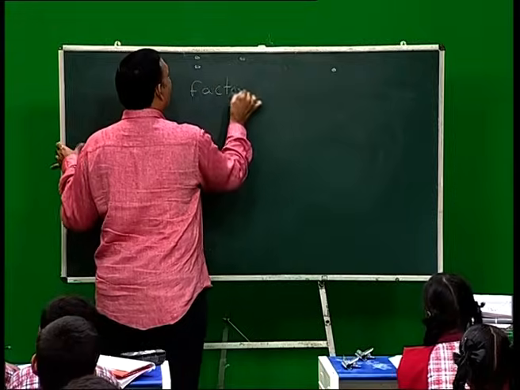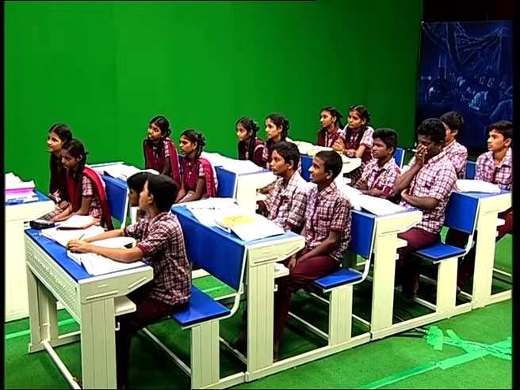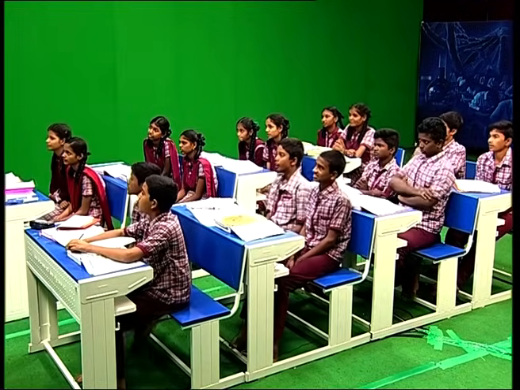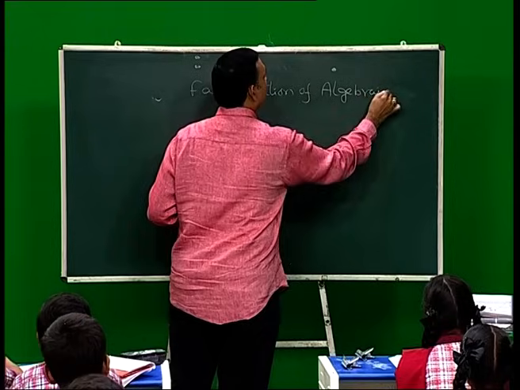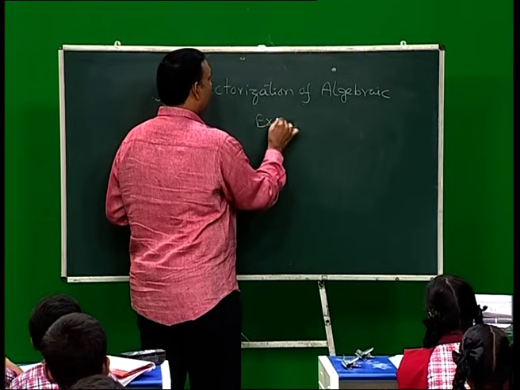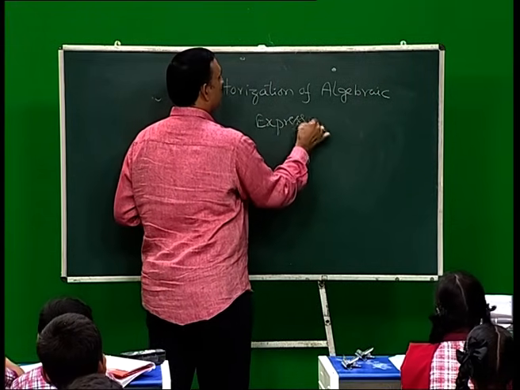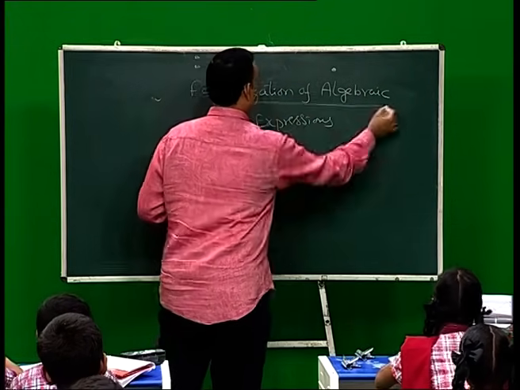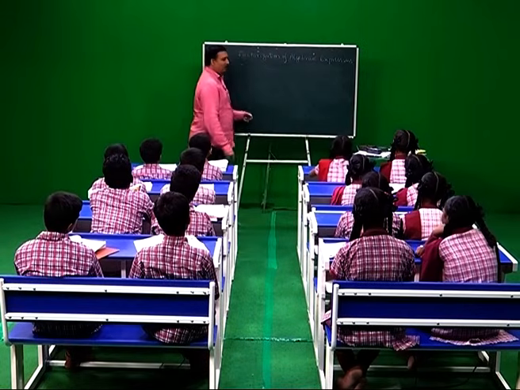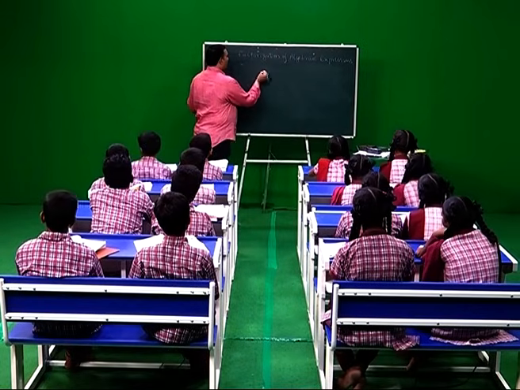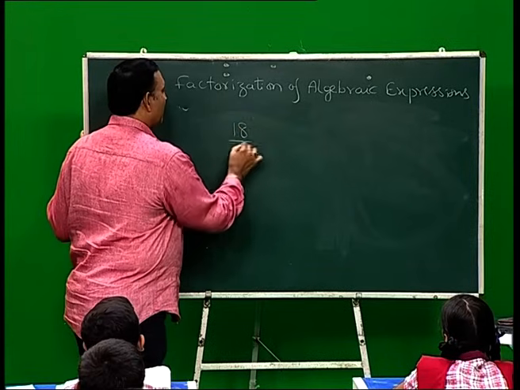Actually, we are talking about factorization of algebraic expressions. What is the need of learning this factorization? Why is it helpful? How will it be helpful for us in our day-to-day life? To understand that, let us take a small example. For example, you have 18 by 30.